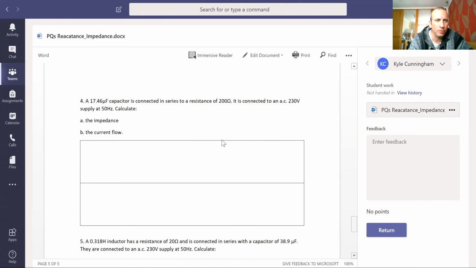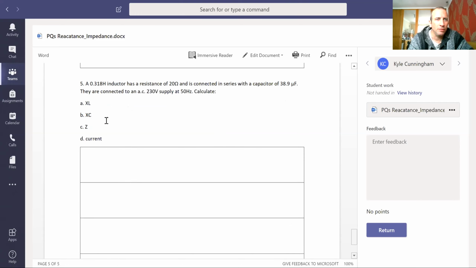Number 4 is the same question again, same numbers, it just wants to know the impedance, which is the Z that we worked out in the previous question, and the current. It's just asking you to recognize what the impedance is, which is when you do Pythagoras. Question 5: we've now got an RLC circuit.